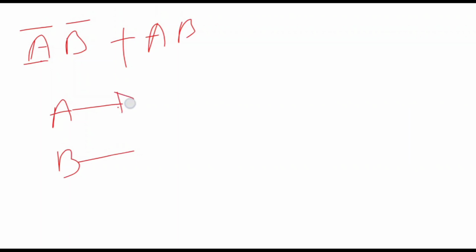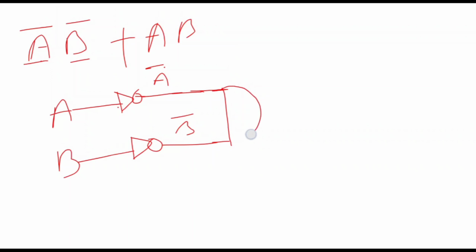So A, NOT gate, it is a complement. B is complement, so again use a NOT gate, B complement. Now these two variables are joined using dot, meaning an AND gate. So we draw an AND gate. What we get is A complement dot B complement.